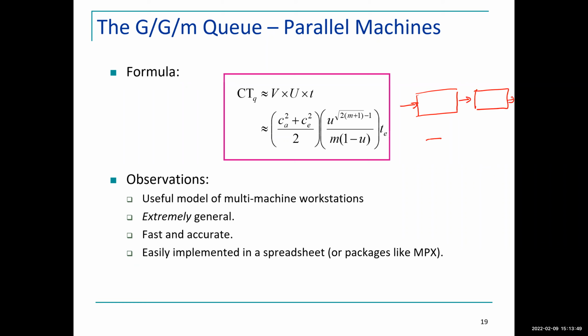But if you have multiple parallel machines in each station, then you have to use this formula in this slide that considers the number of machines that you have in the station. This is a useful model of multi-machine workstations. It's extremely general, fast and accurate, and easily implemented in a spreadsheet.